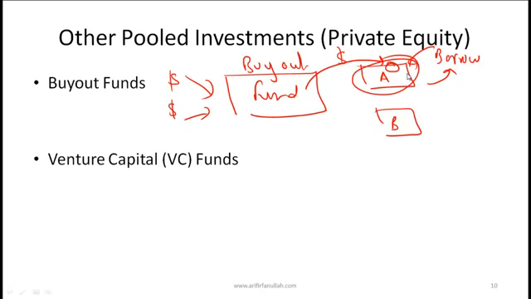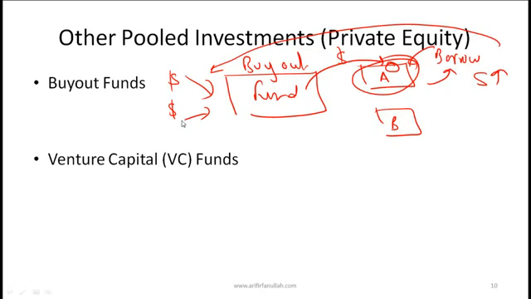Over time, as this company is improved to a level where the stock price has gone up a lot, or whatever criteria of success have been met, then this company is sold off at a much higher price and the returns are given back to the investors. This is done with a whole portfolio of different companies.